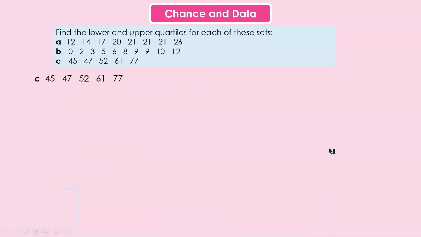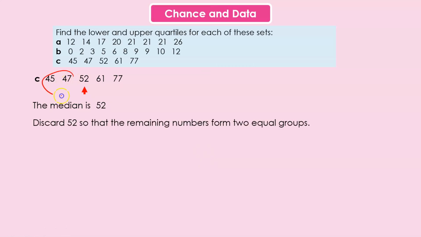So moving on to our third example, make sure our numbers are set up from lowest to highest, find the median, work our way to the center. It's 52. So that means our lower group is 45 and 47.